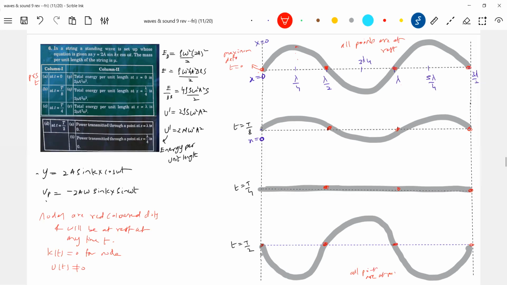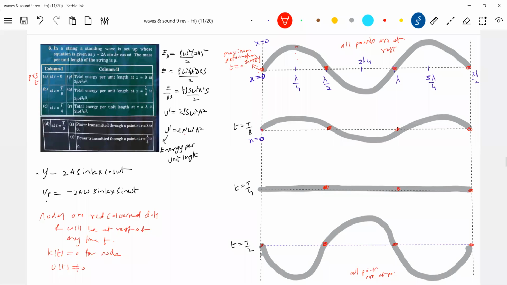Maximum deformation energy. So what happened here? Energy will be less than maximum, will be non-zero, but it will be less than maximum. So therefore, I cannot pick up equal to. It should have been less. So option P is ruled out.